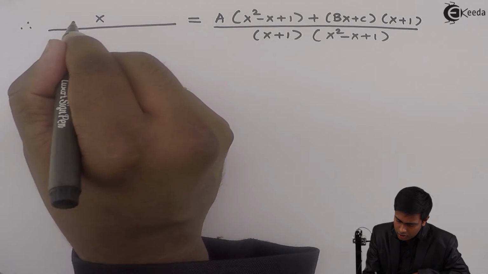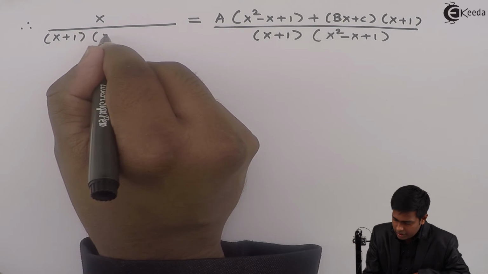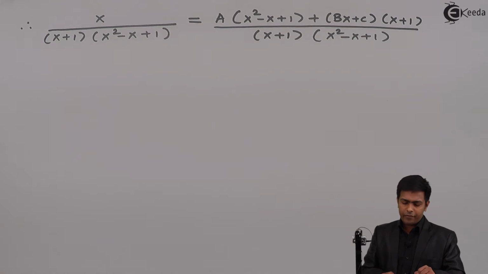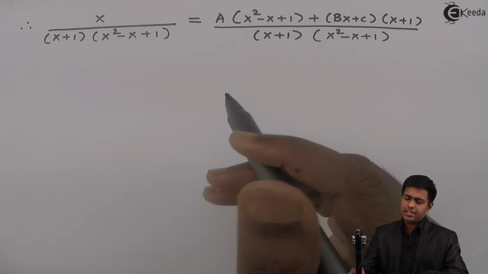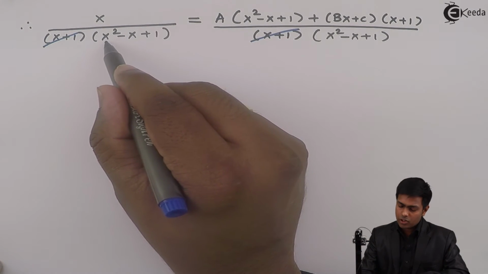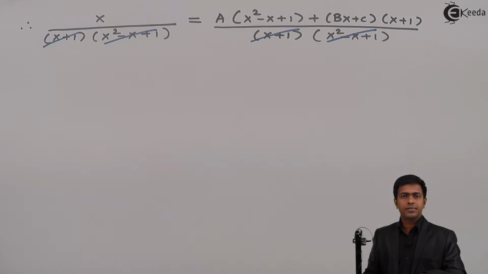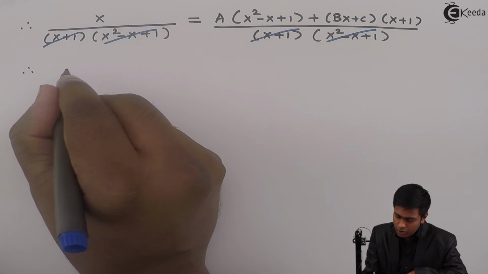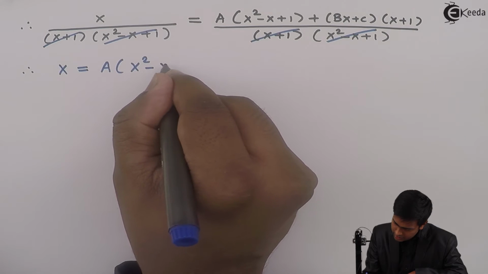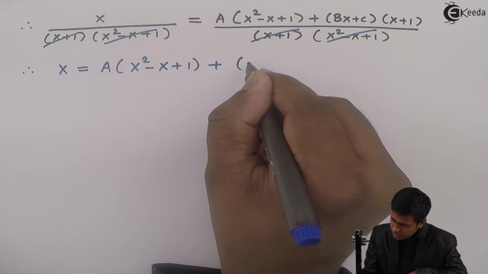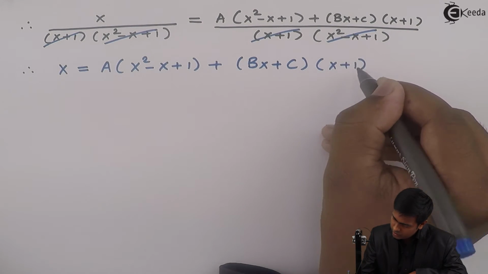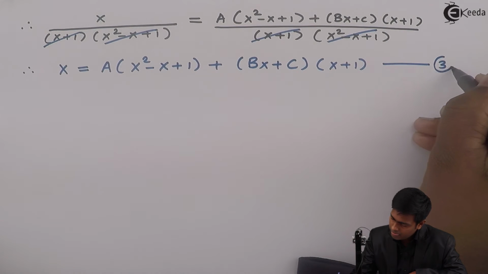Now if you observe the left hand side and right hand side, we can cancel the x plus 1 term from the denominator of both sides, as well as x square minus x plus 1 from both sides. So we will write down the remaining terms. Therefore we will get x equal to a into x square minus x plus 1 plus bx plus c into x plus 1, and this is equation number 3.